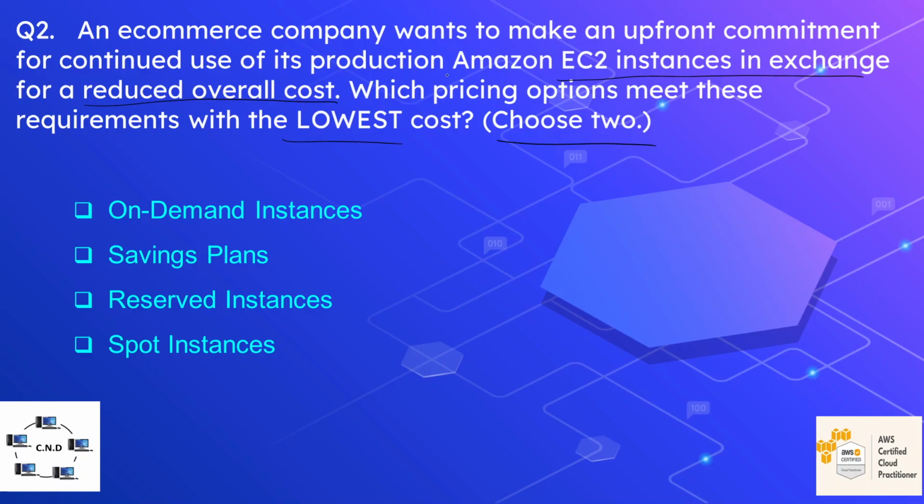So if an organization wants to make a commitment for continuous, long-term usage of EC2 instances, what are the most cost-effective options? The options are option A, on-demand instances, option B, Savings Plans, option C, Reserved Instances, and option D, Spot Instances. And the correct options are Savings Plans and Reserved Instances.